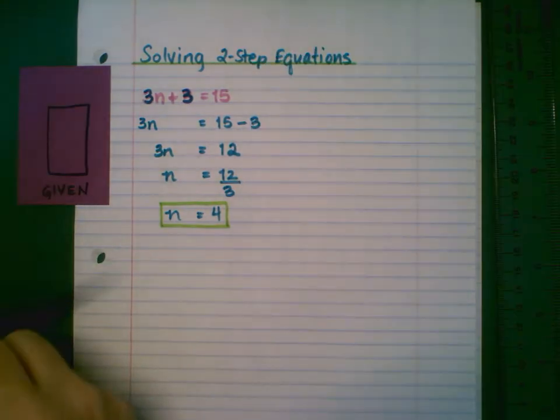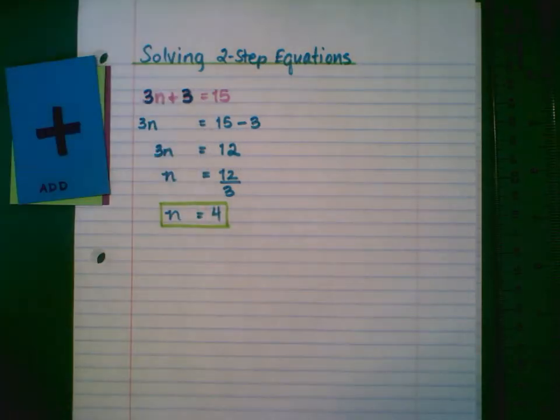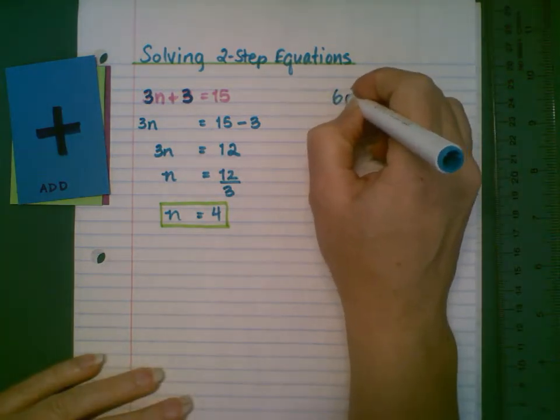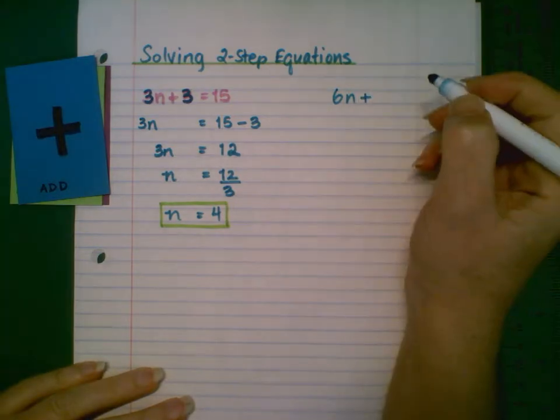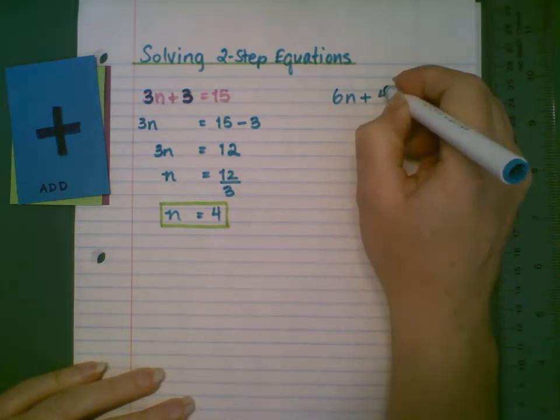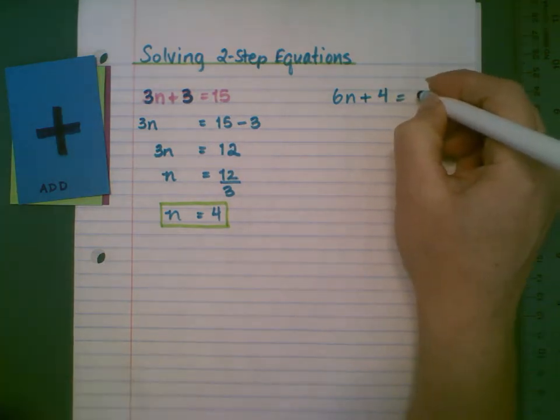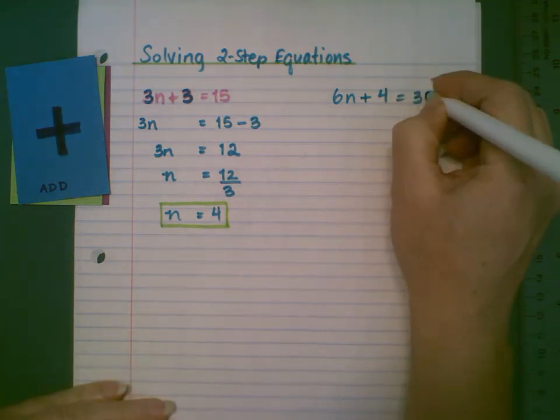Okay, let's look at another one. This one we'll try 6n plus 4 is 34.